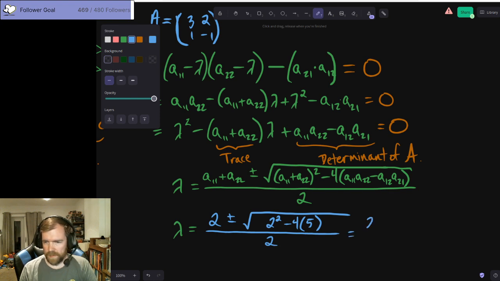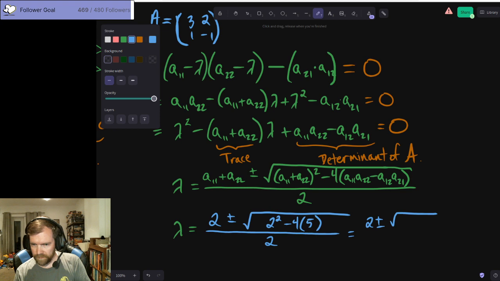Okay, which in this case, we get 2 plus or minus the square root of... for the determinant, negative 5. Gotcha. Which is 24?